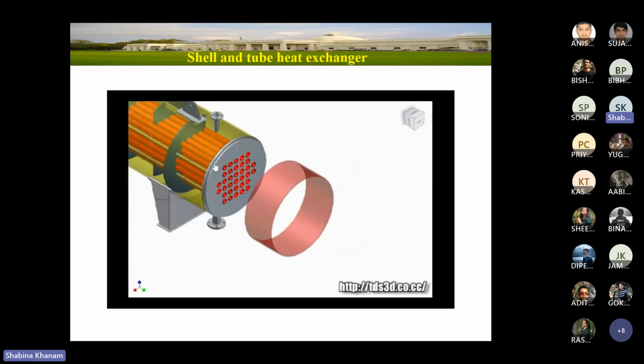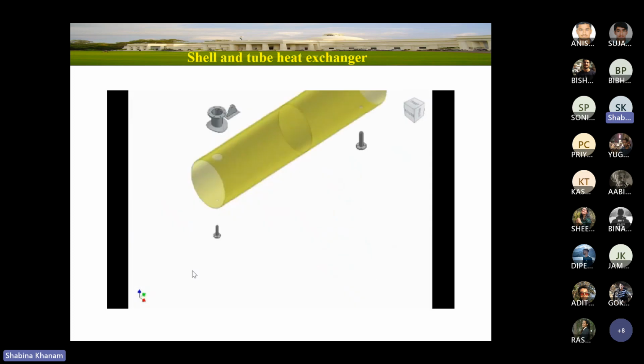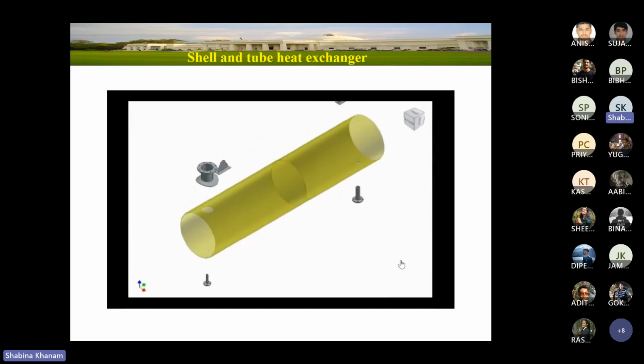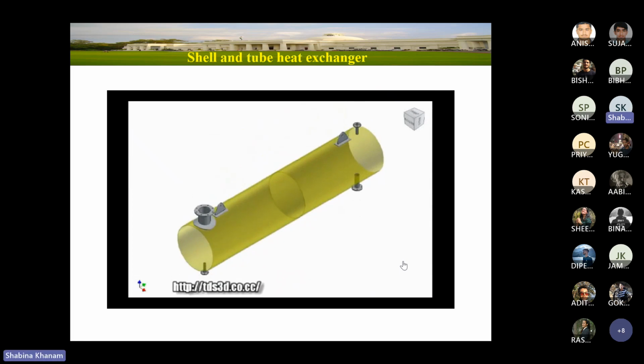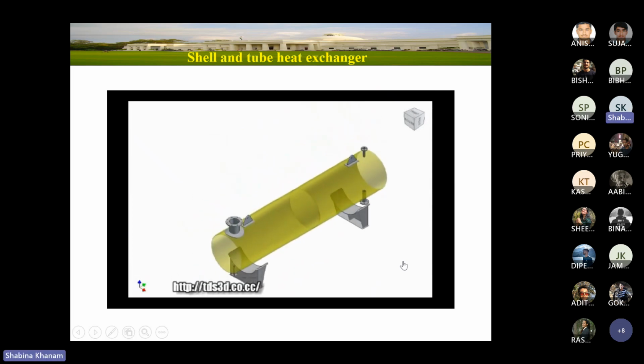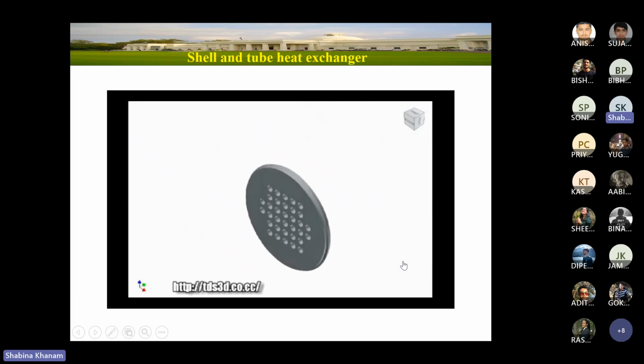The space between two tubes in which liquid will flow, we consider as the equivalent diameter, which we will calculate in design. On the tube side, it is only the ID of the tube. I hope you have seen all these things, and now I'm running it without stopping it. So please see.